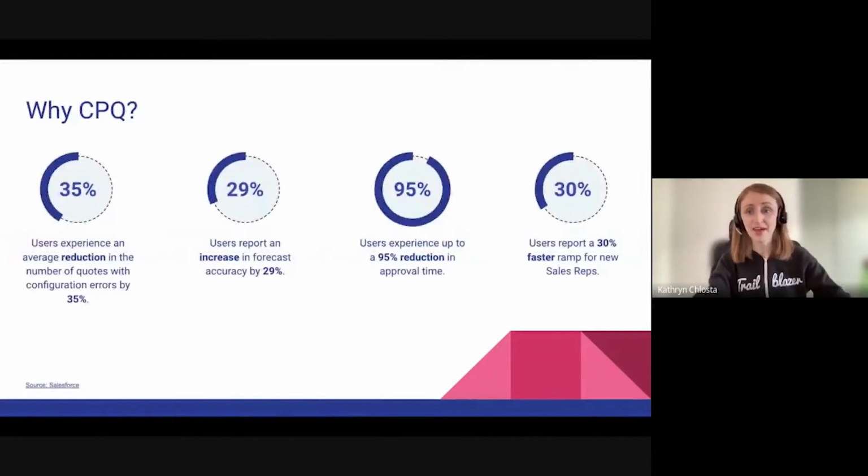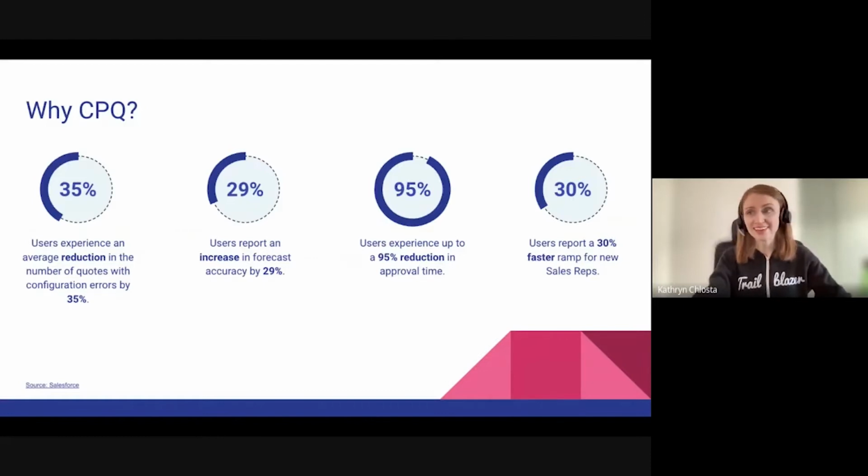If I had to sum it up in one word, that would be spreadsheets. As Salesforce admins, we've all seen users using spreadsheets when there's a great alternative called Salesforce. I've called out some key data points to show the gains that your team can experience in a correctly configured CPQ environment. First off, we have users experience an average reduction in the number of quotes and configuration errors by 35%.